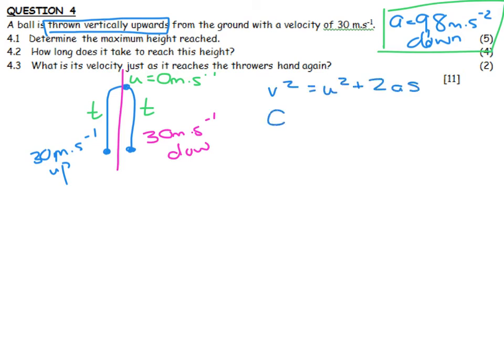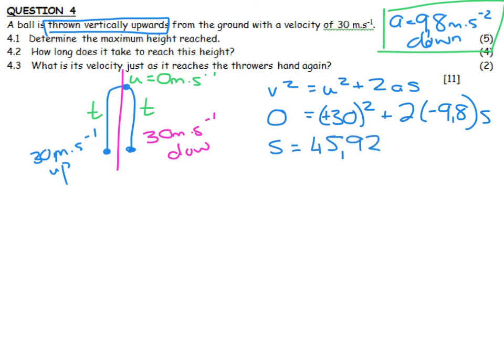My final velocity is 0, my initial velocity 30, plus 2, and I've taken plus 30 to be up, so I'm going to go negative 9,8, and my distance is what I'm looking for, and the distance comes to be 45,92 meters, and that would be upwards. And this part of the journey is 45,92. This part of the journey is 45,92.